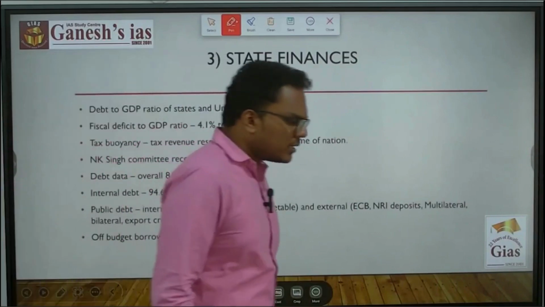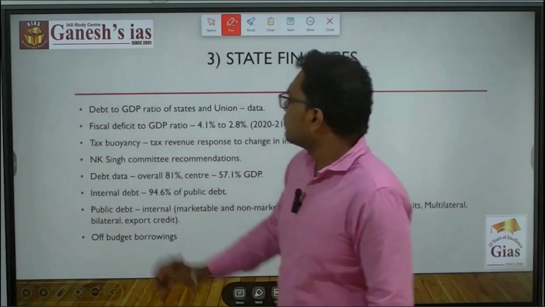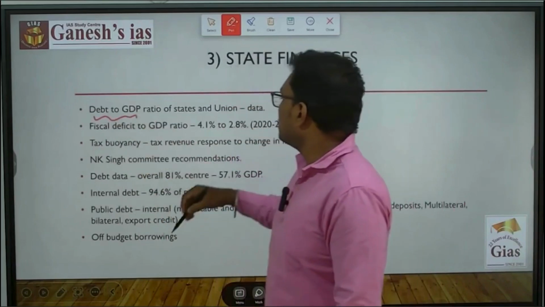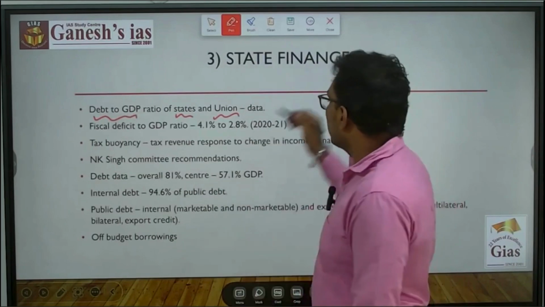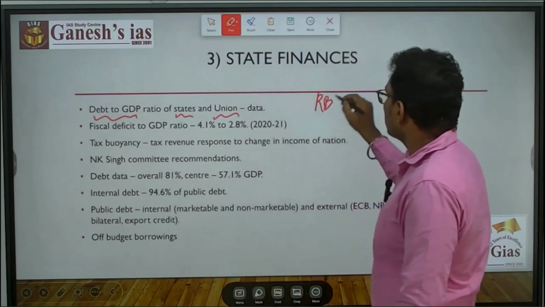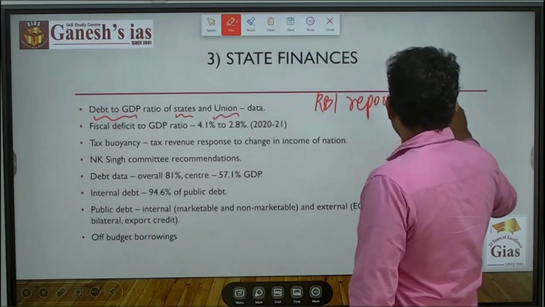So all those things, directly or indirectly, questions are being asked. First, you need to know the debt to GDP ratio of the state and the union government. The data you can take from RBI reports or the Economic Survey.